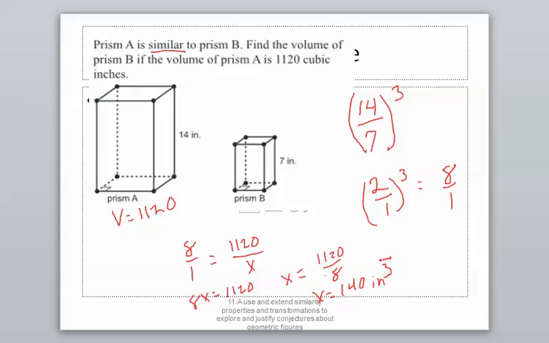This is the volume of the smaller prism here. 140 inches cubed. Okay? All I'm doing is taking the ratio of the sides and taking it to the third power. Why the third power? Because it's volume. Everything in volume deals with something to the third power.